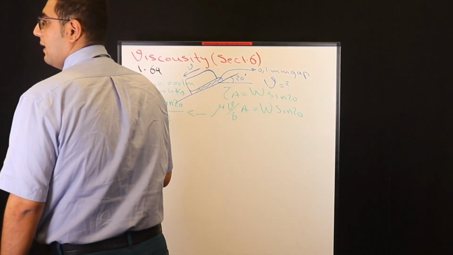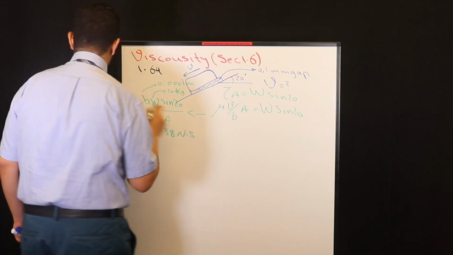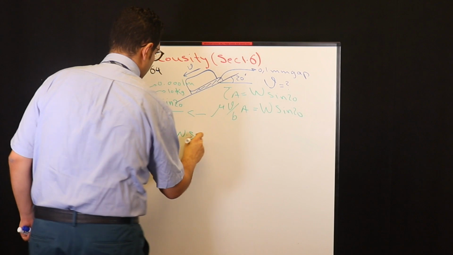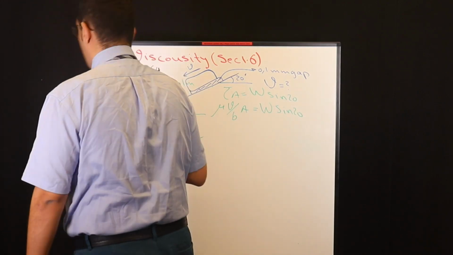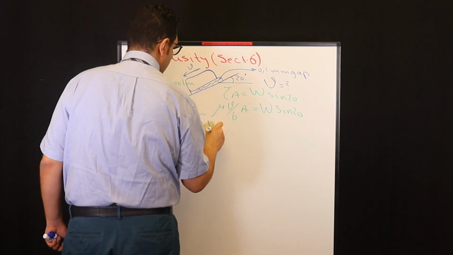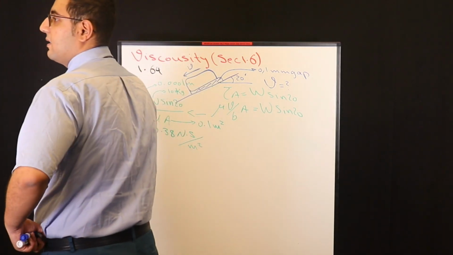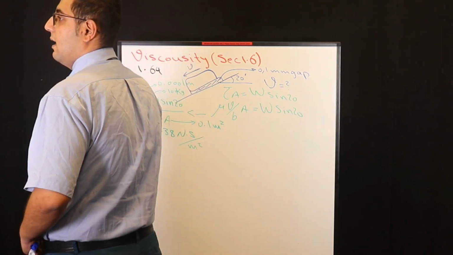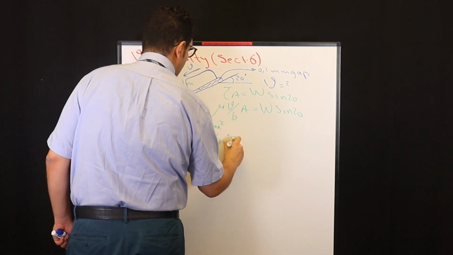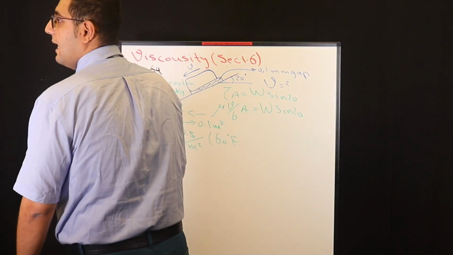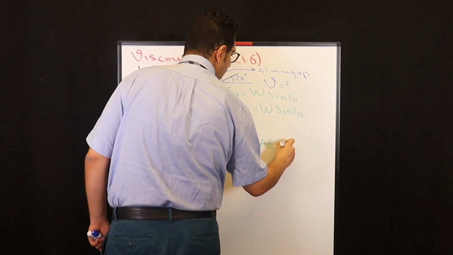Mu is 0.38 Newton second per square meter, and the area is 0.1 square meter, which is specified in the question. We have this mu based on 60 degrees Fahrenheit for SAE 30 oil.